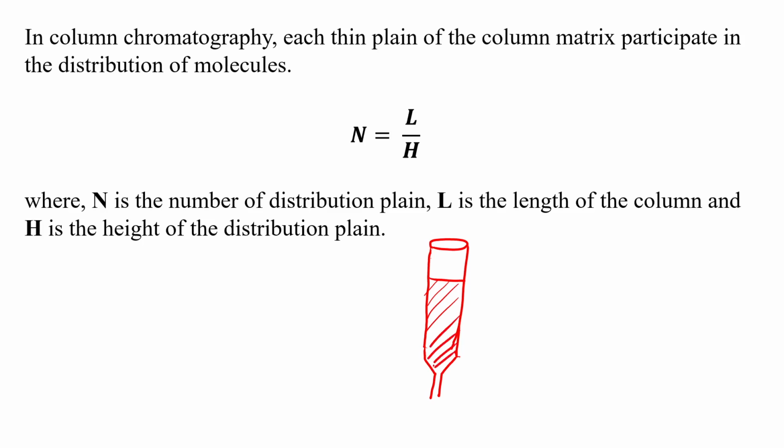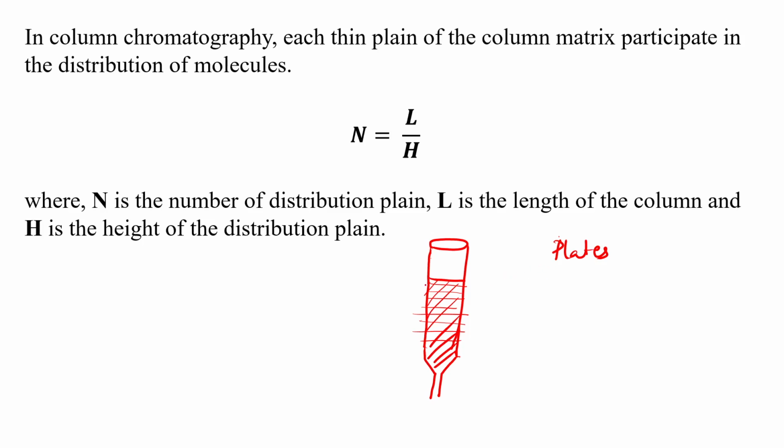Now when you are packing the stationary phase, you can imagine separating this stationary phase into very thin, equal sections. So these sections will be called planes of the column or column plates. Different names are there: distribution planes, or sometimes plates. So plates of the column or planes of the column.